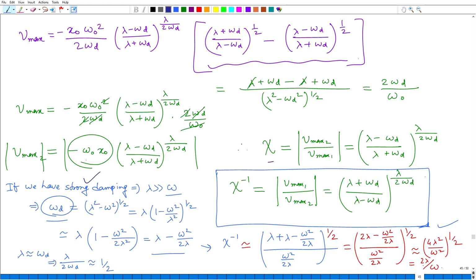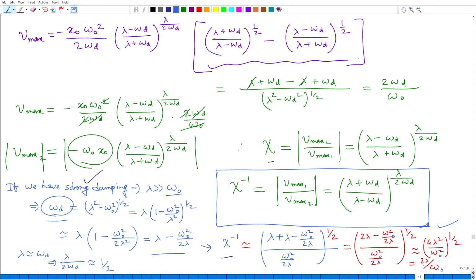So, in the limit of strong damping, this ratio still depends on the damping coefficient, and so whenever I write omega, I am sorry, I have to write everywhere omega 0, not omega. I am sorry for that. So, you just change everywhere omega as omega 0. Yeah. Okay.